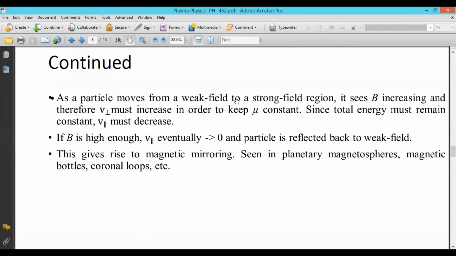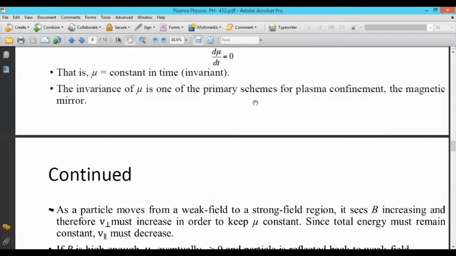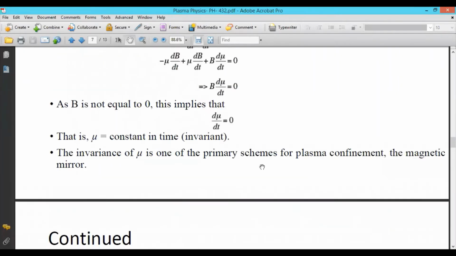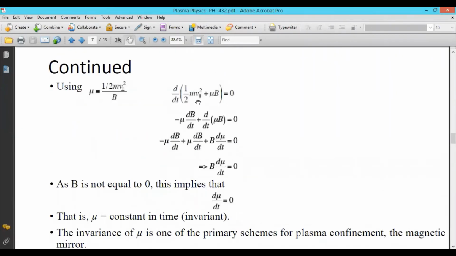As the particle moves from a weak field to a strong field, it sees B increasing, and therefore for mu to remain constant, if B increases, v perpendicular must increase. So as B increases, v perpendicular increases, so that mu remains constant. We know that energy should be conserved, so as v perpendicular increases, v parallel must decrease.